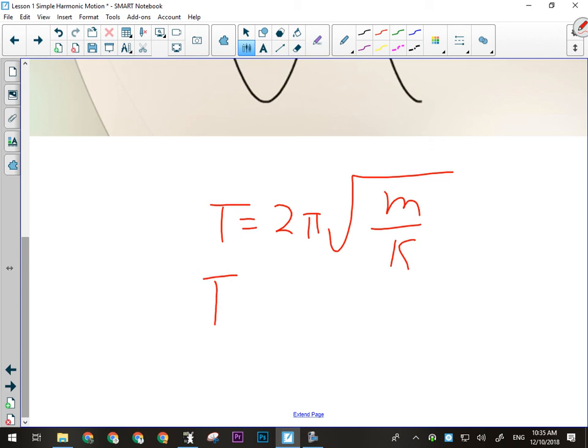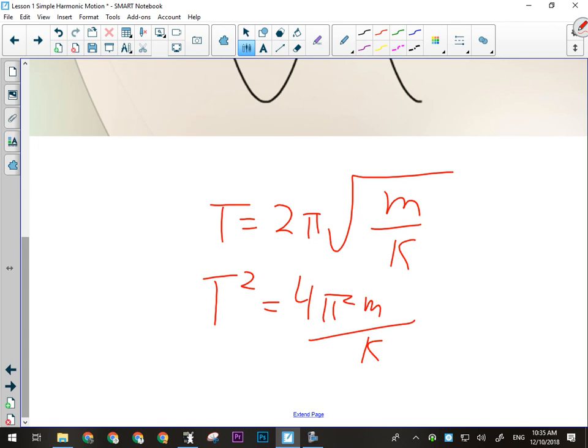So I have to square the entire equation. Okay, now I can move things. T is squared, 2 is squared, pi is squared. Okay, and those two things that were under the root are now normal. Right, and now I can move them around and solve for them.